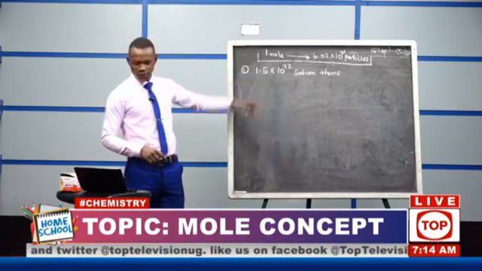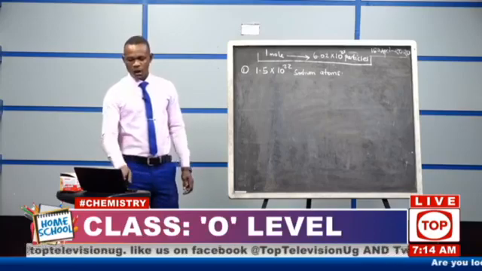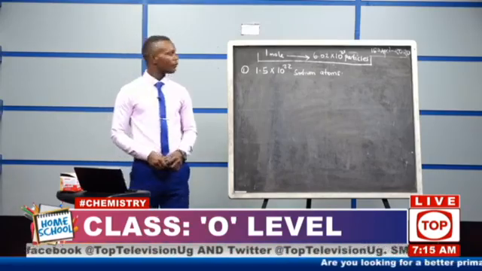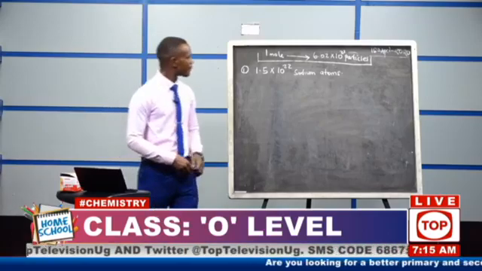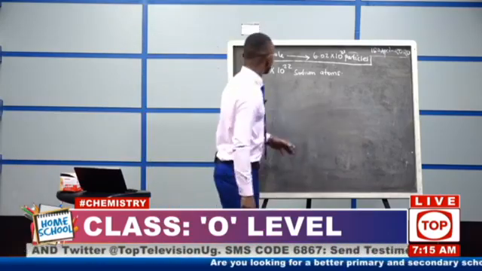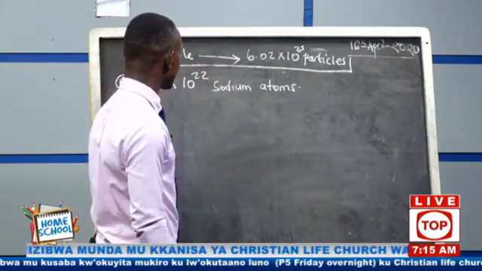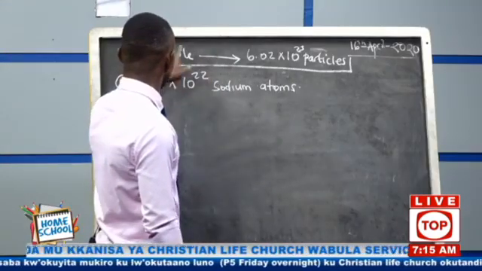So if you are given a question like this one, how do you attempt it? Remember, the first thing you do is to look at this. This one is very important. Say it is 1 mole.